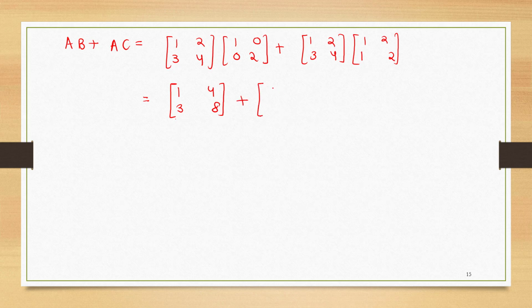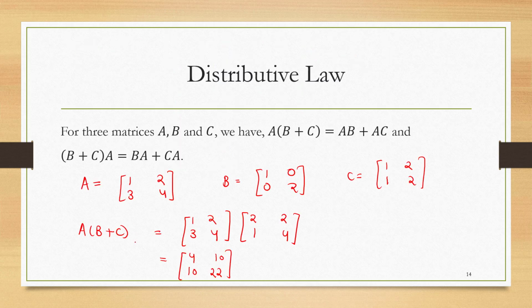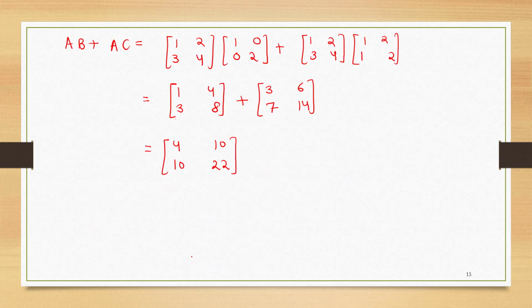And here it is 1 plus 2, 3, 2 plus 4, 6, 3 plus 4, 7, 6 plus 8, 14. So we get 4, 10, 10, 22. Here we go. 4, 10, 10, 22. So we have proved that A into B plus C is the same as AB plus AC.